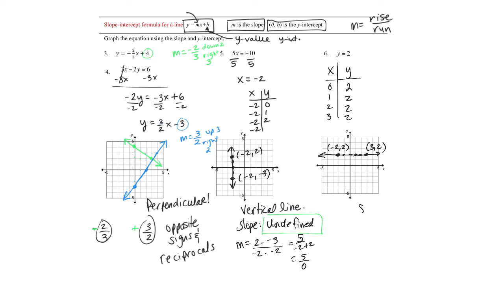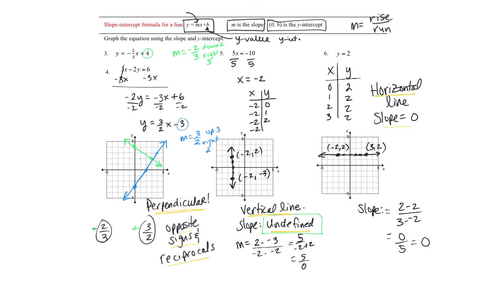The slope here, we would take the change in y's divided by the change in x's, and we would get 0 divided by 5, which is 0. So for a horizontal line, the slope is 0. Okay, great. So perpendicular lines have opposite reciprocals. A vertical line, the slope is undefined, and for a horizontal line, the slope is 0.